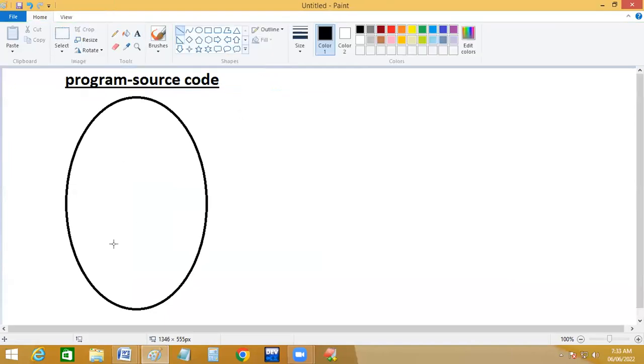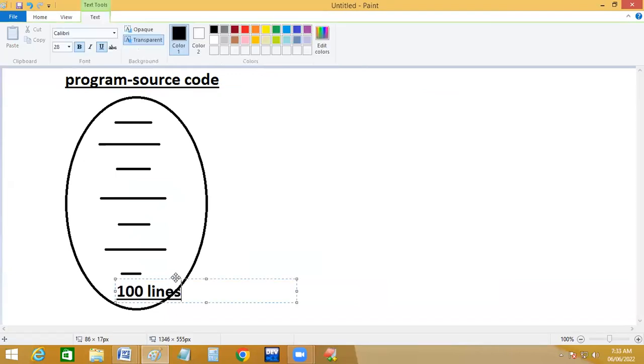Just assume programming instructions, say 100 lines. Just assume it is a 100 line program. Tell me, as per your knowledge, is it a big one or a small one? A 100 line program is a bigger one. Very good. And it is called source code also, no?